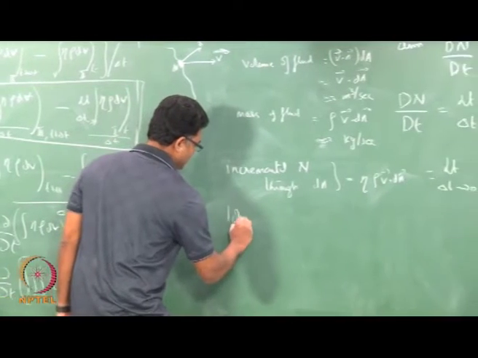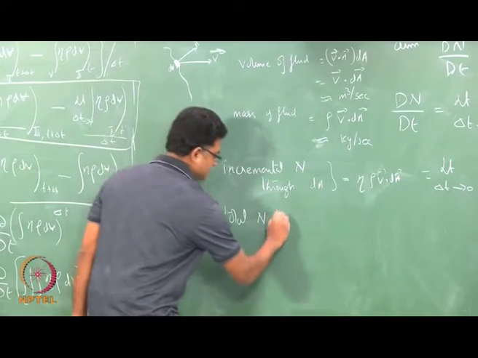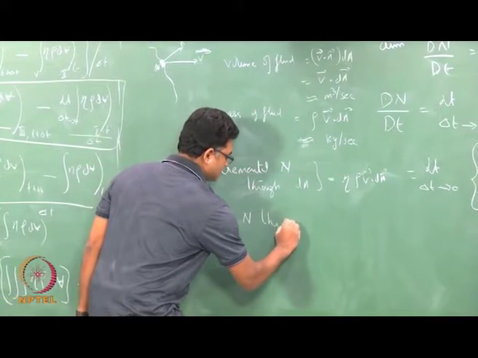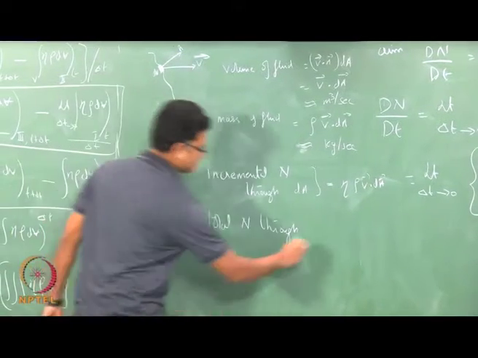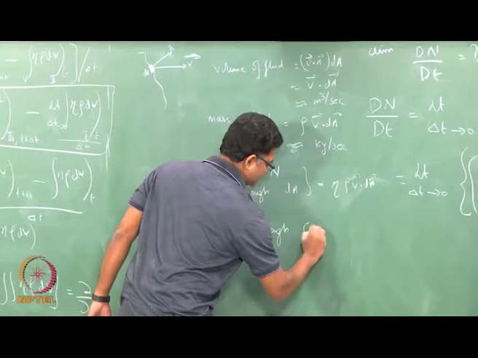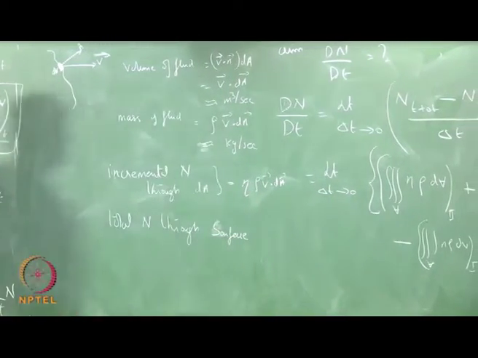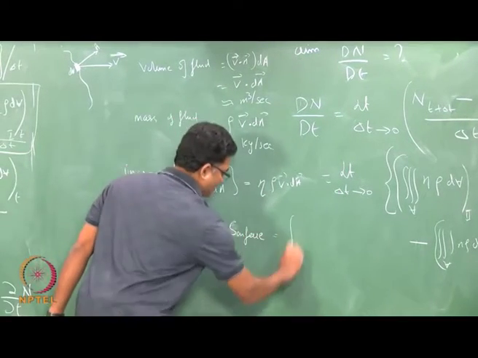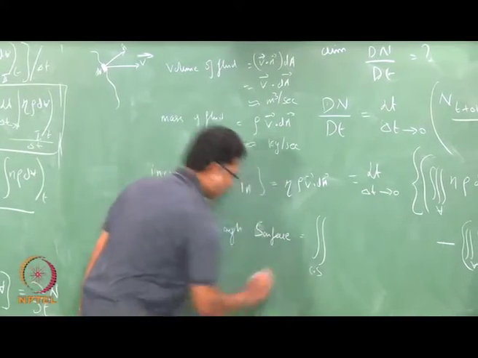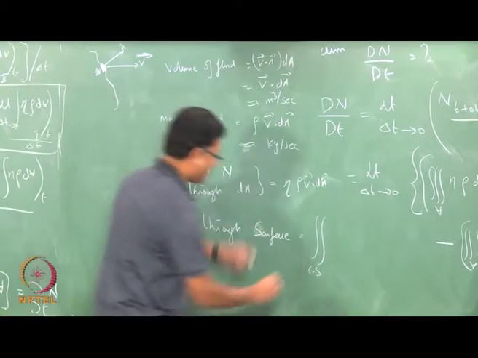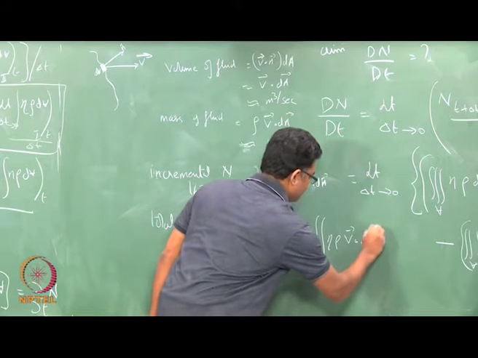Okay. So, the total N through the entire surface is the double integral over the full control surface of eta rho V dot dA.